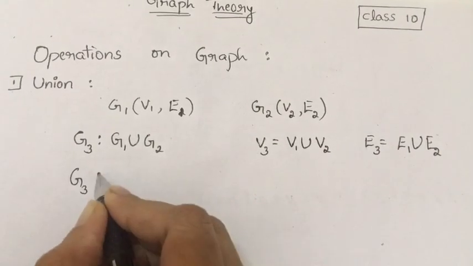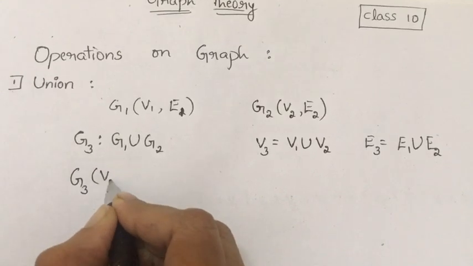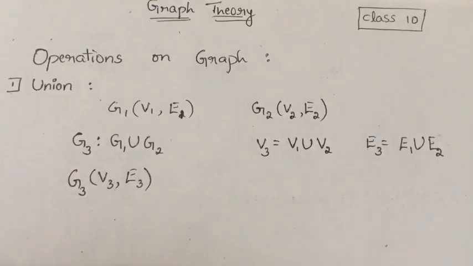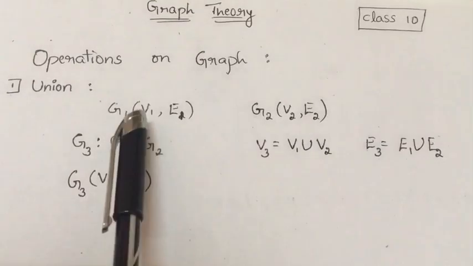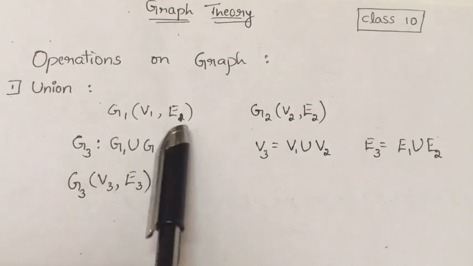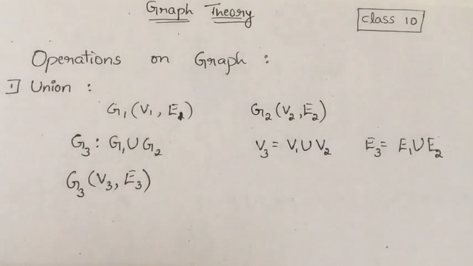G3 is a graph with vertex set V3 and edge set E3.